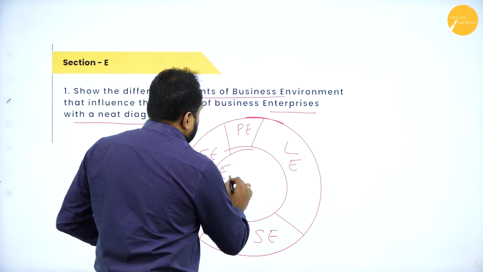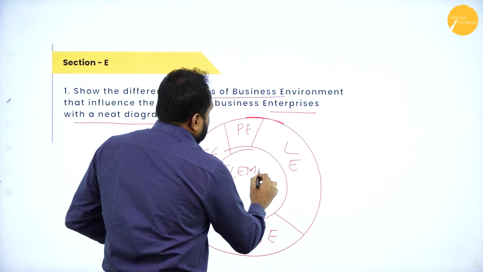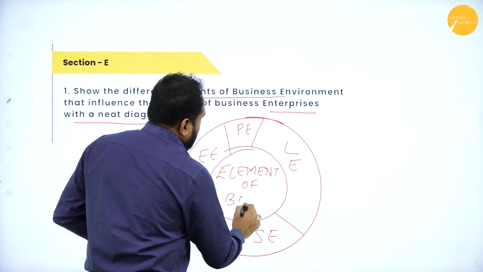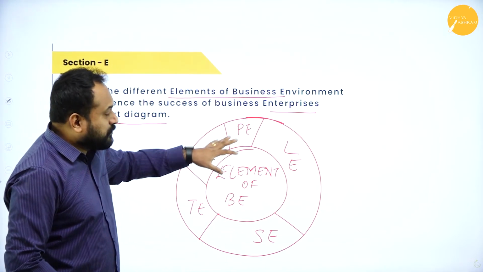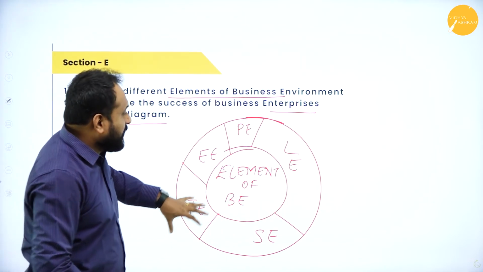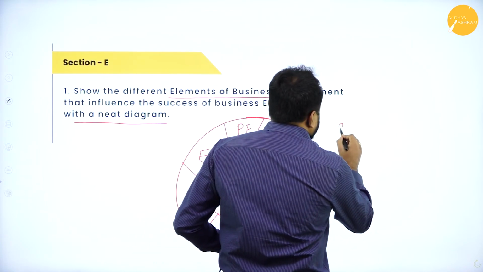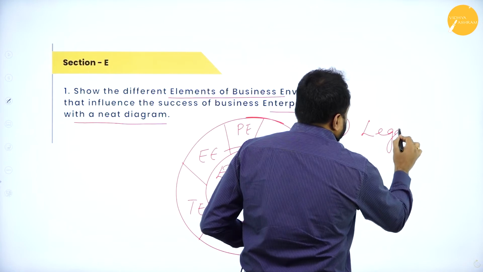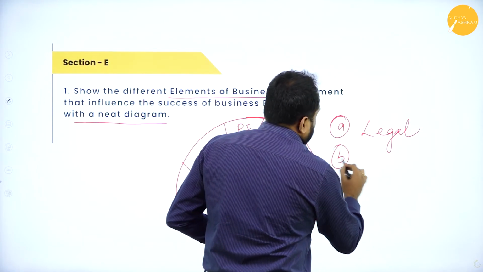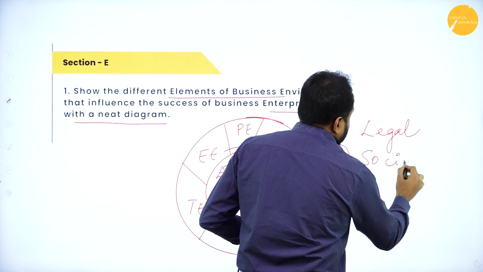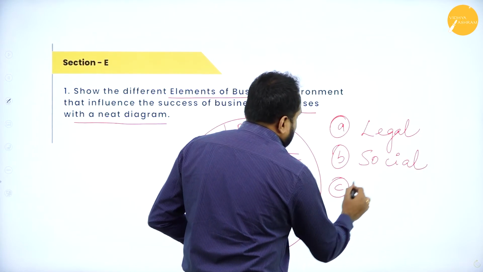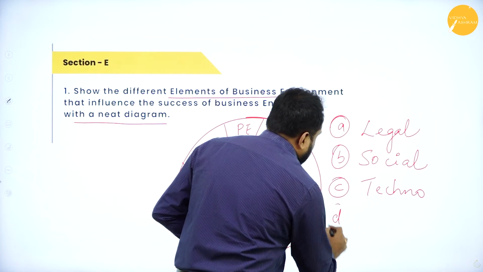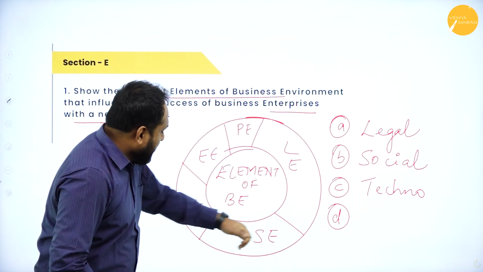Now here you write elements of business environment. So this is what you will be getting marks for, and then you write here the elements are A, the same way legal, then B social, C technological, then D after that. LST is done.